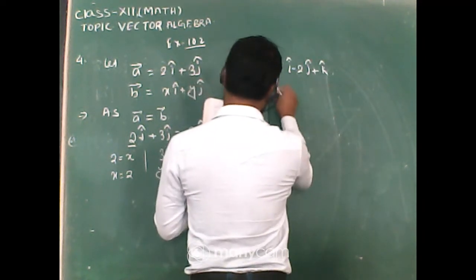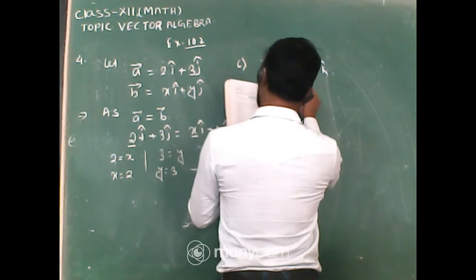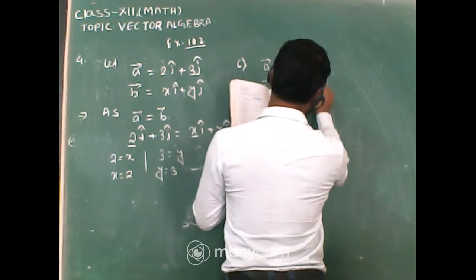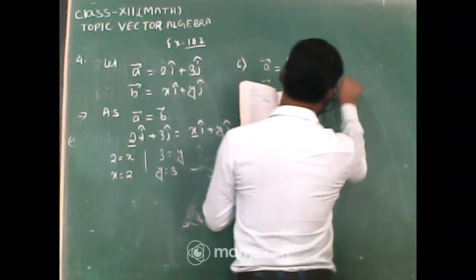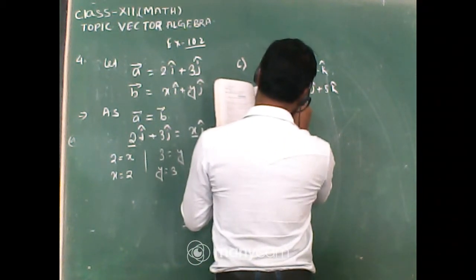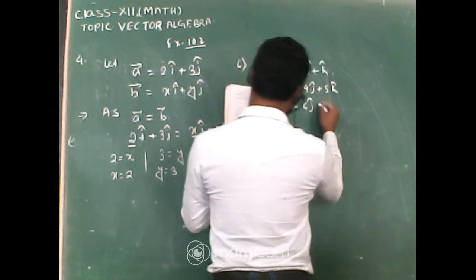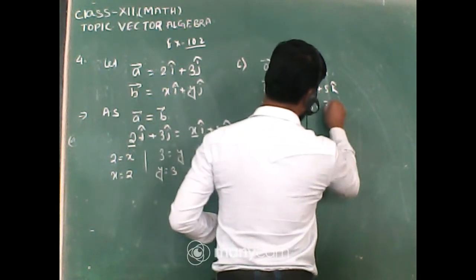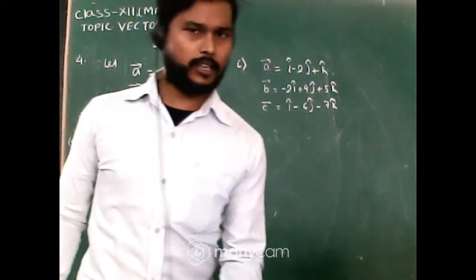Vector B is equal to minus 2i plus 4j plus 5k, and vector C is equal to i hat minus 6 j hat minus 7 k hat. We have to find the sum of these three vectors.